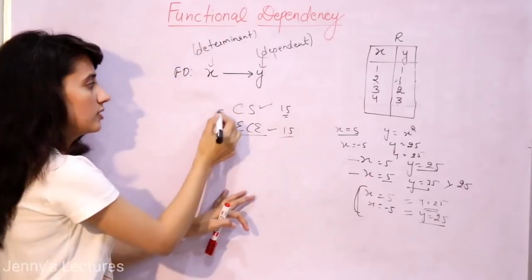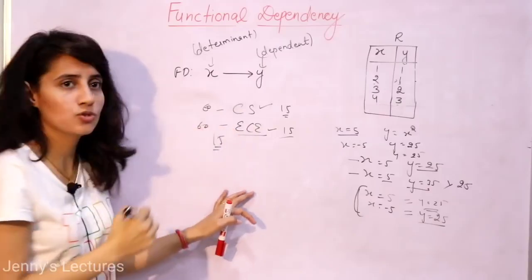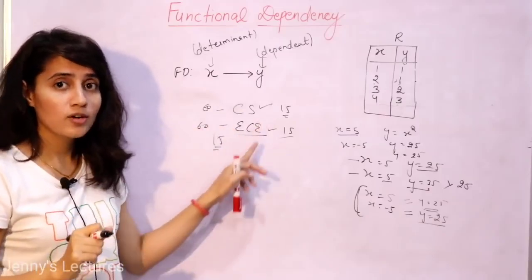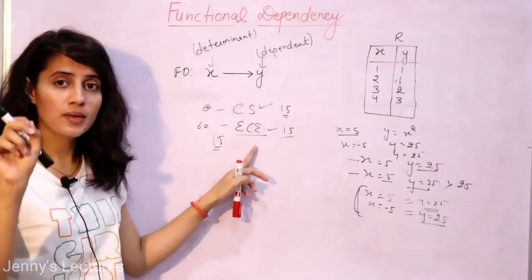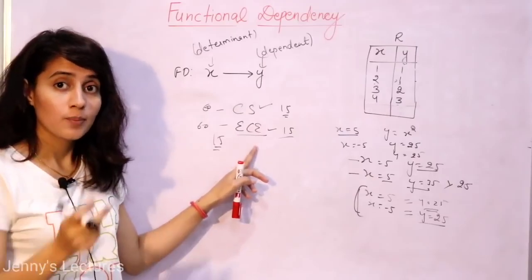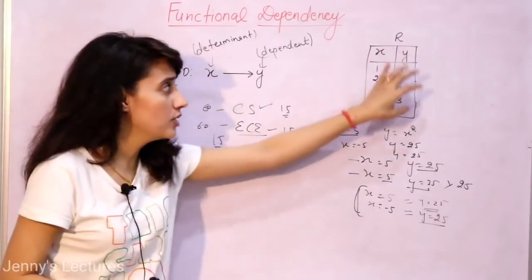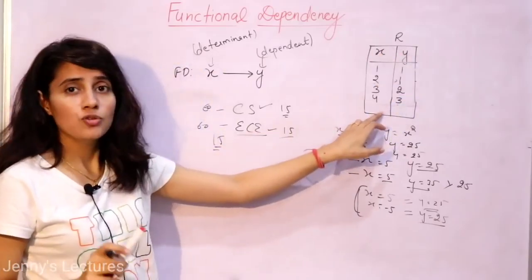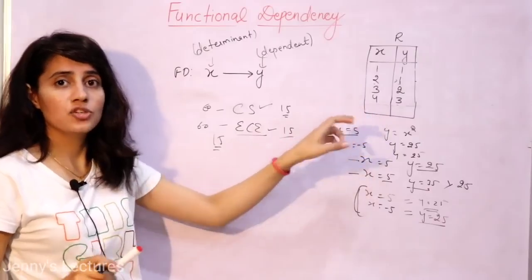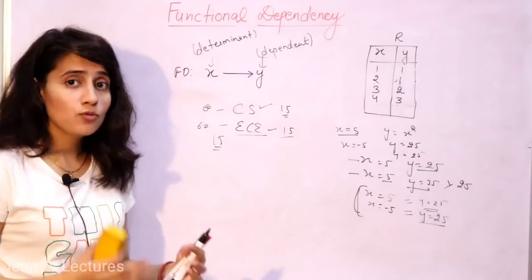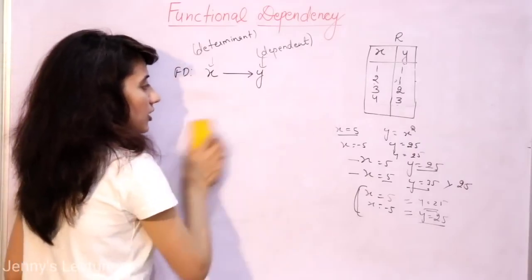Suppose in CS I have 60 students, there also I have 60 students, right? So here I cannot determine with the help of roll number. So here roll number determines name is not a functional dependency, right? But in the previous case it was a functional dependency. So it depends on the relation, whatever relation you have, based on that relation you need to find out functional dependency, right?